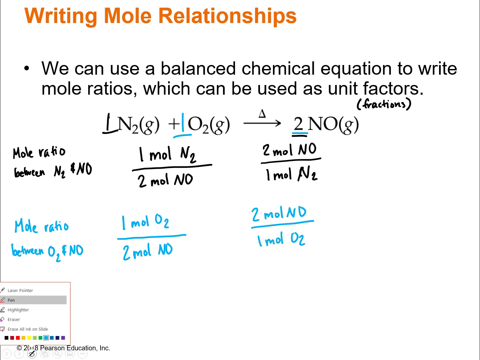What I would like for you to try is to write a mole ratio, or the pair of mole ratios, between nitrogen gas and oxygen gas. If you are feeling like a challenge, you can type it in the chat, or you could even just put the numbers as a fraction.